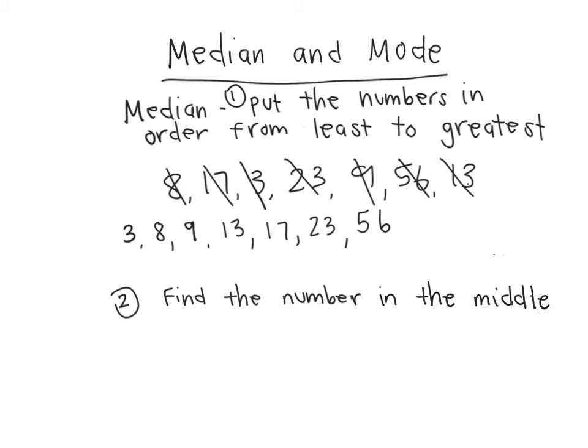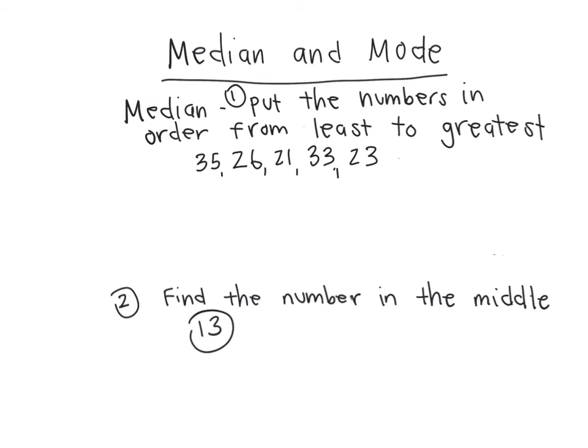Okay. So if I have an odd number, I just find what's in the middle. So I have 7, right? I need to have 3 on this side and 3 on this side because then it makes it even. It's kind of like a scale. And then this is the number in the middle. Do you see that? So if I have 7 numbers, I've got 3 here and 3 here. So 13 is in the middle.